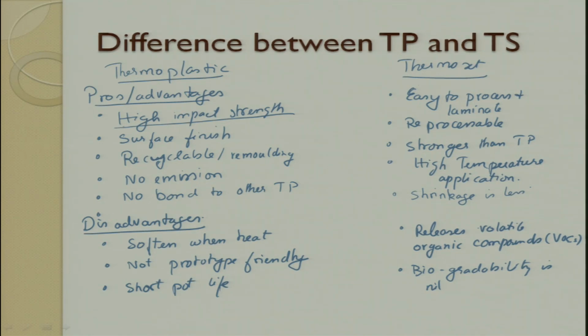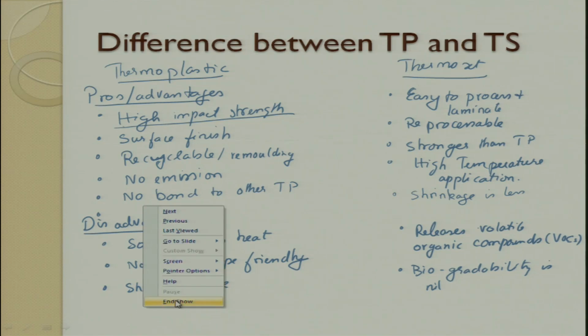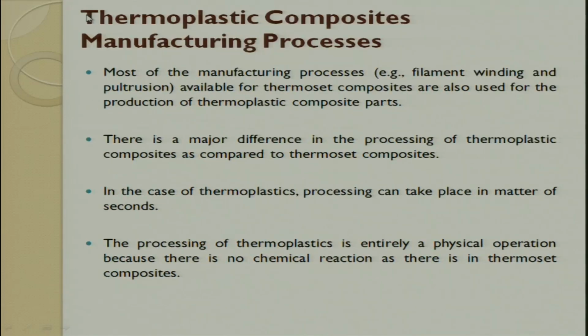Next, let me list down some of the different types of thermoplast and thermoset materials. Let me just list down all the names so that you can feel a little comfortable.